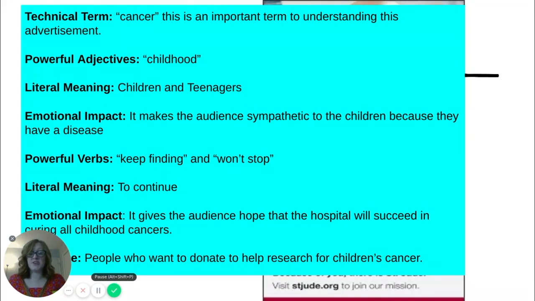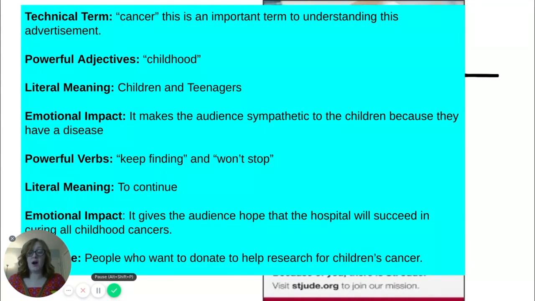Powerful verbs such as keep finding and won't stop have a literal meaning of to continue. This means that the research center is going to continue at all costs to find any way to help children succeed and cure the cancer. The emotional impact of this advertisement is that it gives the audience hope that the hospital will succeed in curing all childhood cancers.